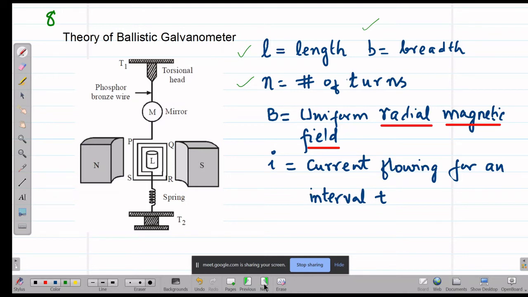As a result of this current flowing through the coil, what's going to happen? You can guess. What will happen when a current flows through a rectangular coil suspended in a uniform magnetic field? Can anybody say what will happen to this coil when a current flows through it?